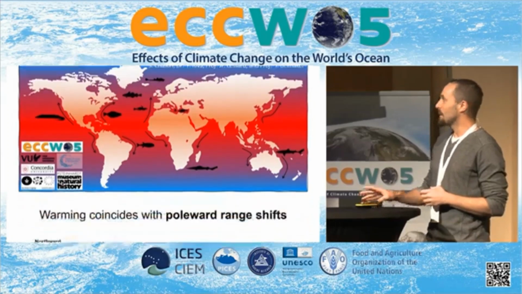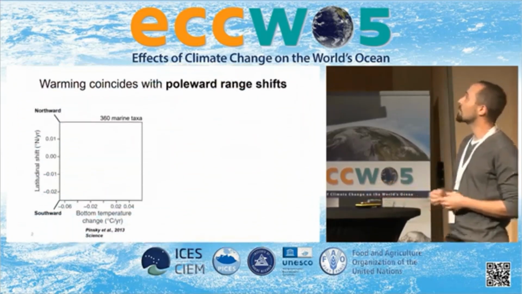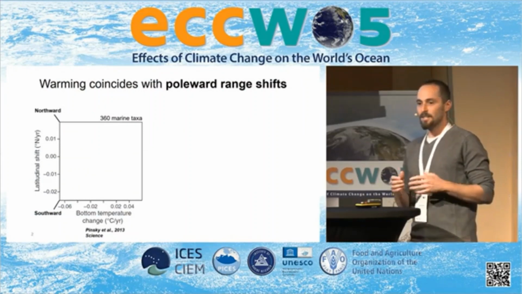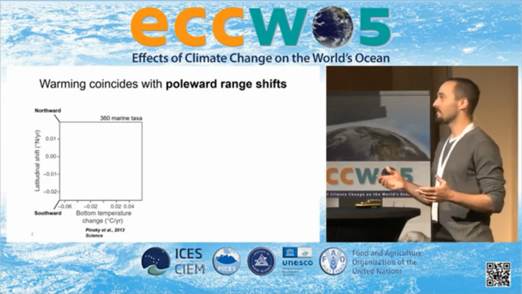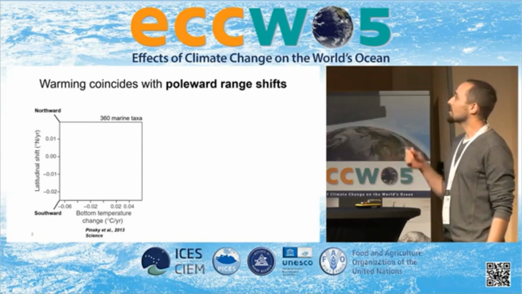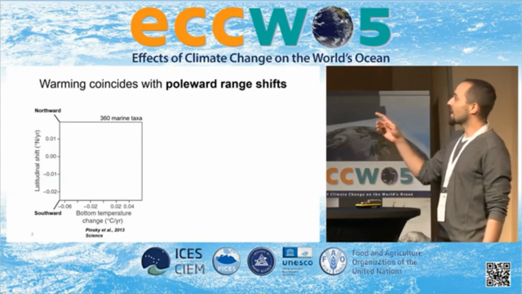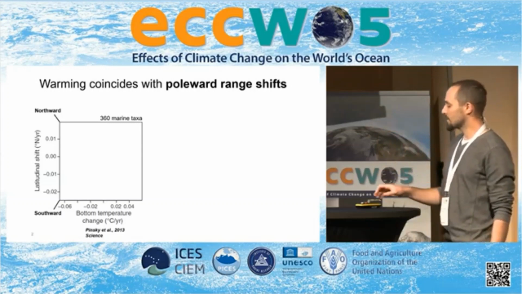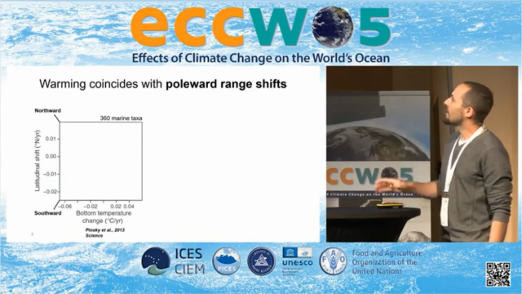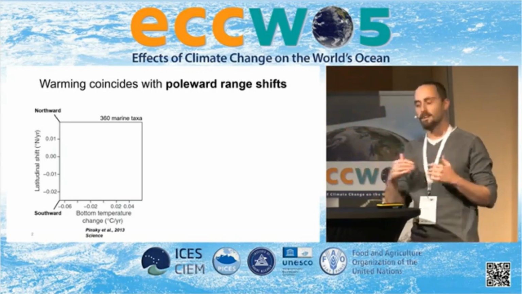Today, there's increasing evidence suggesting that warming coincides with forward range shifts. Here is one relatively famous example by Pinsky et al., showing the relationship between latitudinal shifts of 9 different marine assemblages against the change in bottom temperatures. Positive values on the y-axis denote assemblages that move towards higher latitudes.